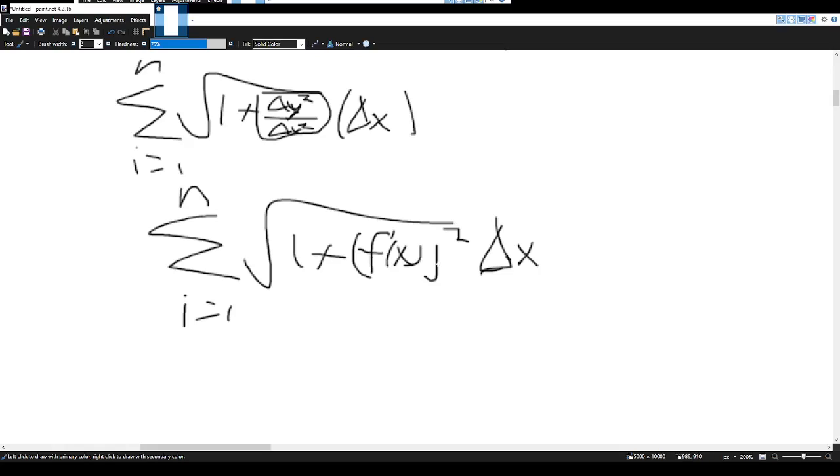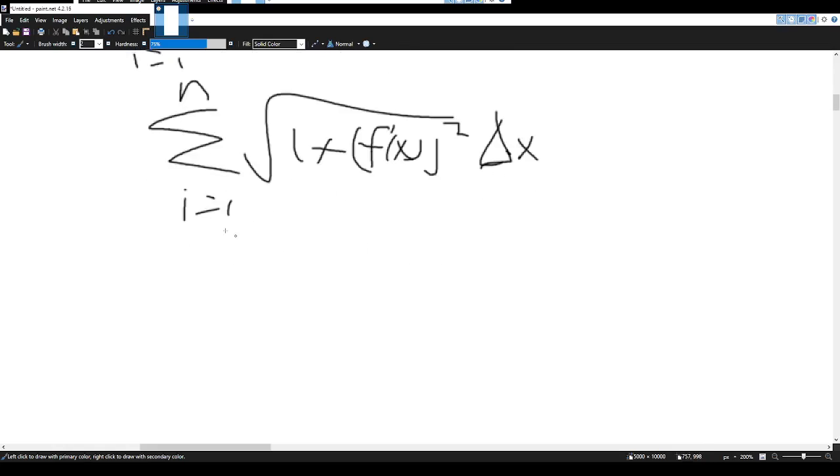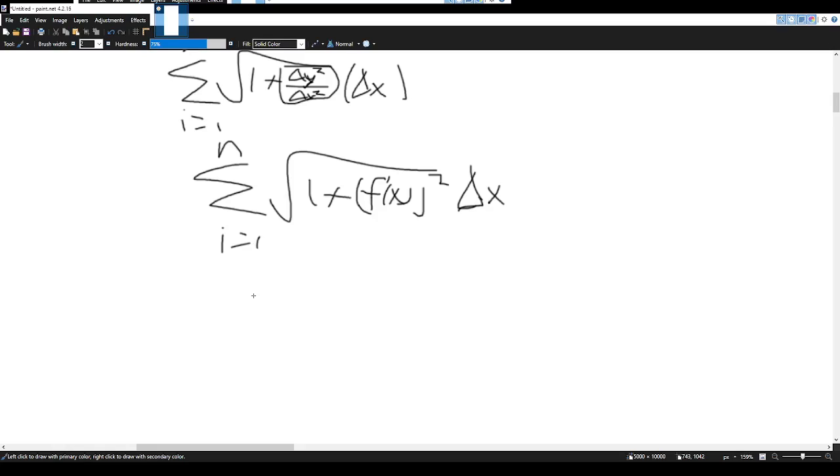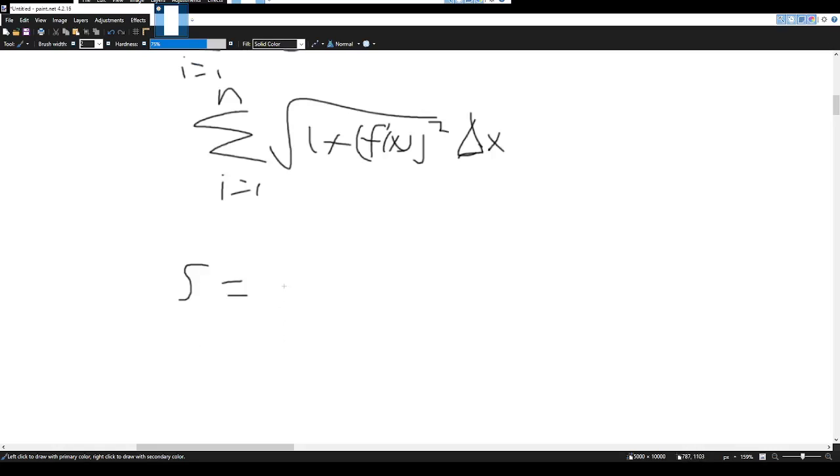But I'm honestly just going to skip to the end here and basically say that once you have this, well, I'll show it. So you have s equals the limit. Now, they write this in a weird way.